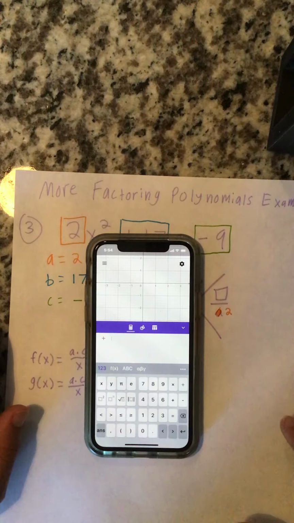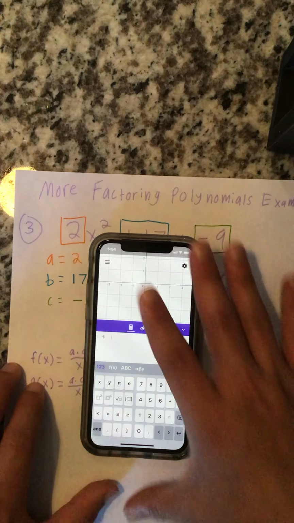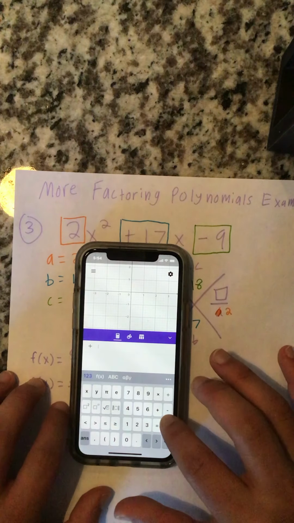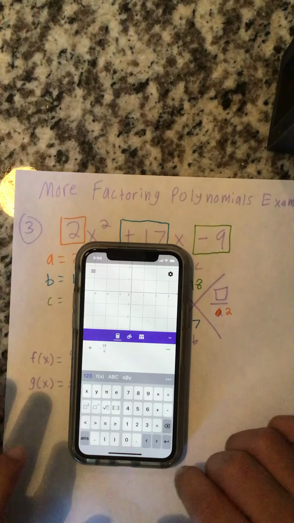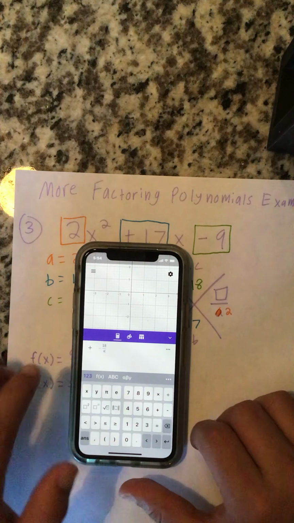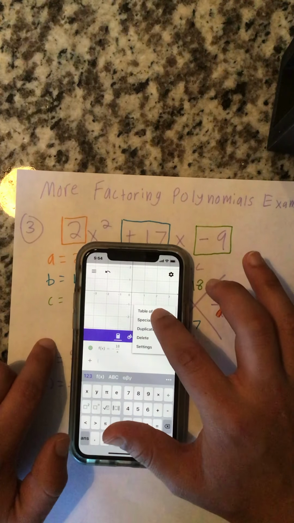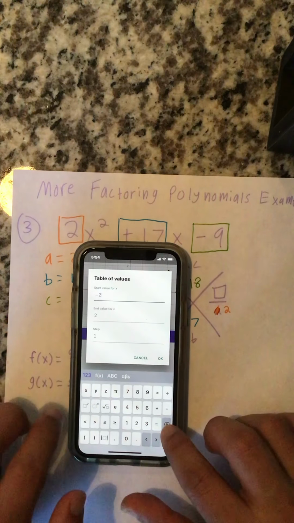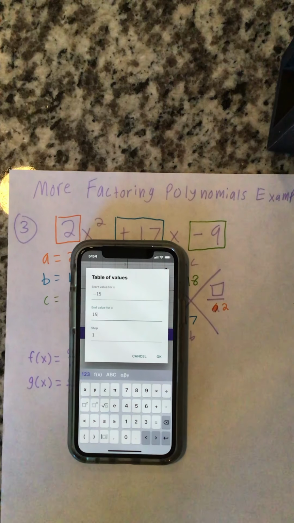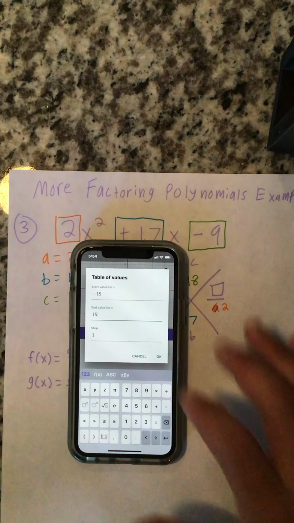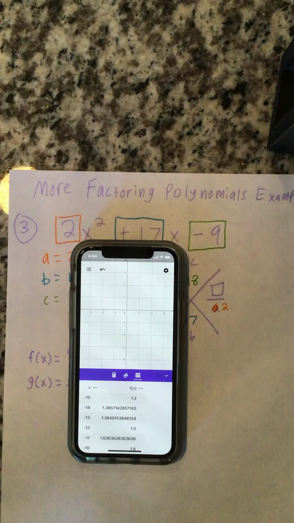And we're gonna type in the first equation. So I'm gonna type in negative 18 divided by, or over, x, okay? Remember, then you click the 3 dots, table of values, and let's do negative 15 to 15. That's a good one. Okay, and then I get the table, okay?